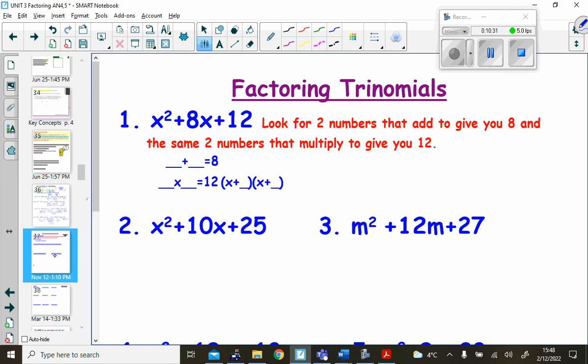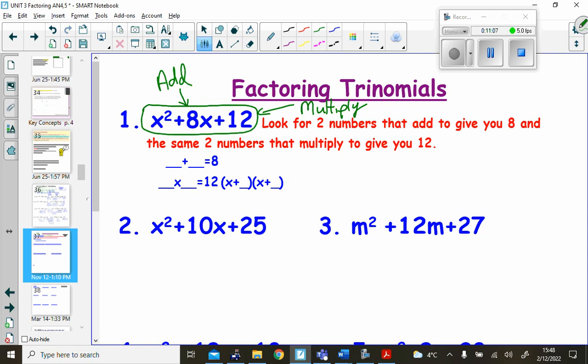Okay, so if we're factoring x squared plus 8x plus 12, you're going to be looking for two numbers that add to give the first thing, the 8, but multiply to give 12.